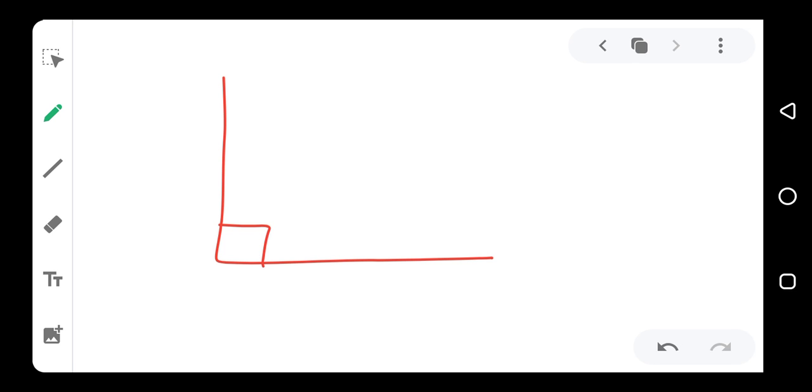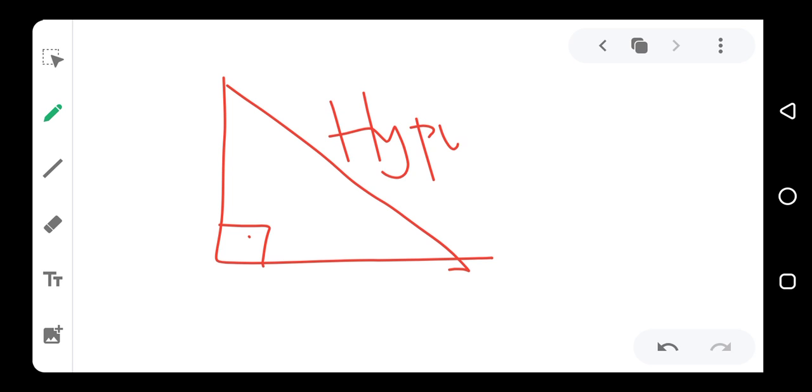Now, if you have x and y axis like this, and we have a line, that is a triangle actually, where we have one of the angles as 90 degrees. The side that is facing the angle 90 degrees is called hypotenuse. Now the other sides are called adjacent. So this place is called adjacent.